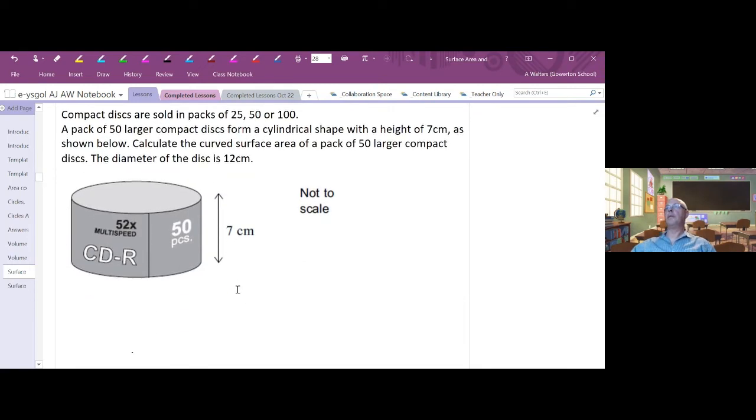Okay, I'm going to highlight one or two things here, and if you wish to pause the screen and have a go at it, I'd like you to have a go at it. The key bits of information I'm highlighting.